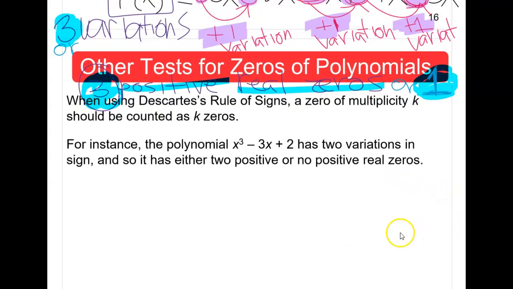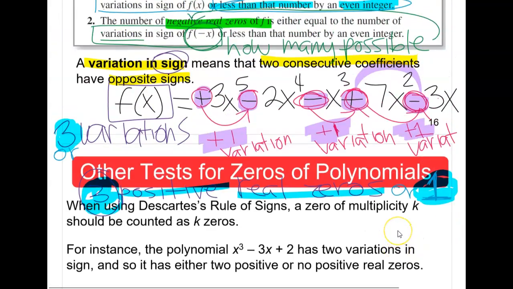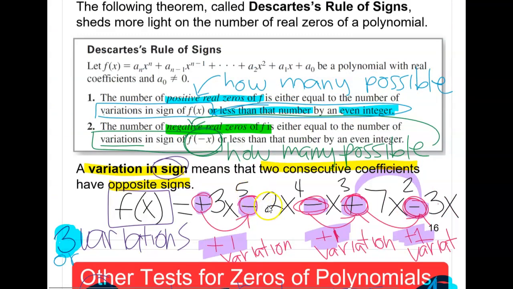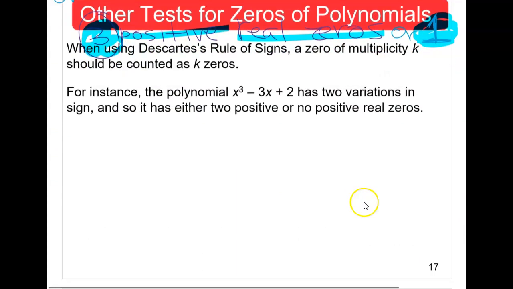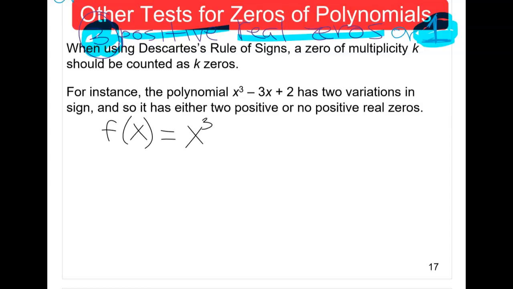Now, how could we find the ones for negative zeros? Well, we will have to substitute in every x here a negative x, and then expand the expression and see how many, count the variations in sign. So we're going to do that with this polynomial. Right here, we have f of x is equal to x cubed minus 3x plus 2.